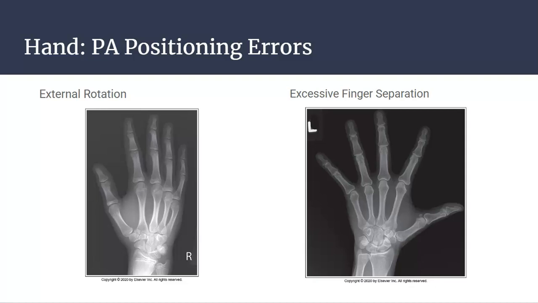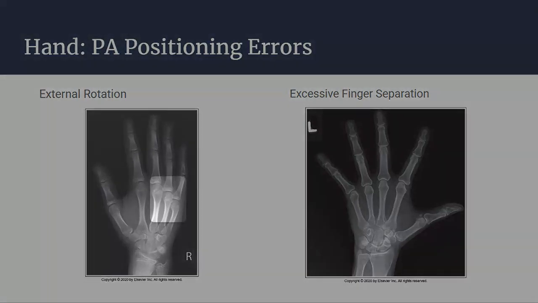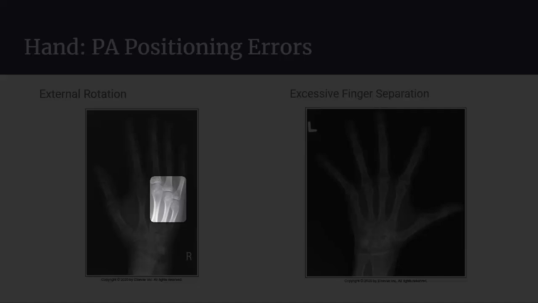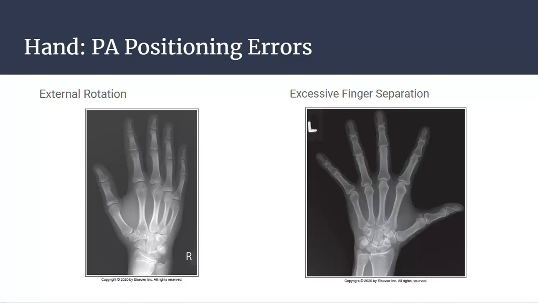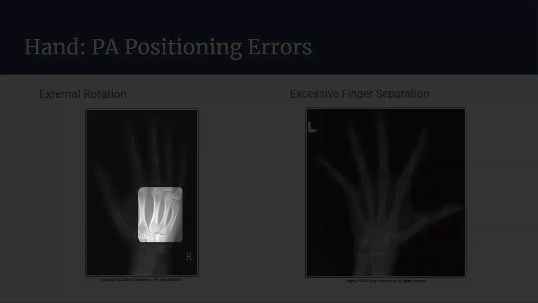This leads to a narrowing or even slight superimposition of the 3rd through 5th metacarpal heads. Also, this results in unequal soft tissue thickness, and mid-shaft concavity can be seen along the sides of the phalanges. The metacarpals themselves will also display uneven mid-shaft concavity and inconsistent spacing.